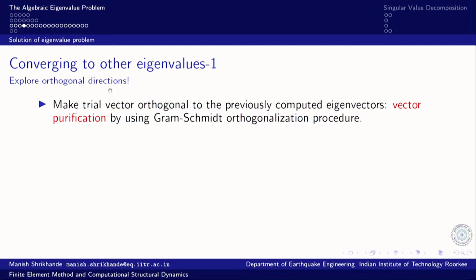In theory, if we do it once at the start of iteration, that should work, but in practice, because of finite precision arithmetic of floating point operations, there are round off errors, and the orthogonality may be lost during the iteration cycles.